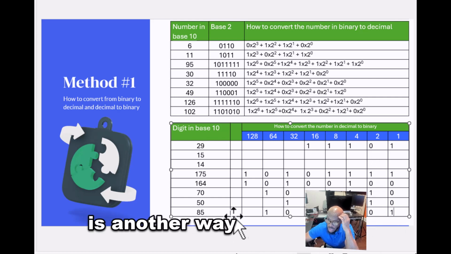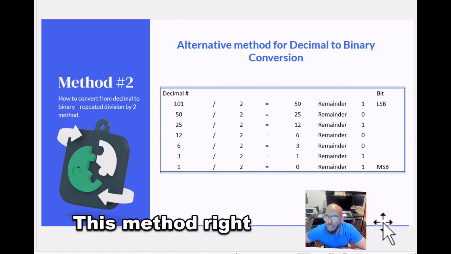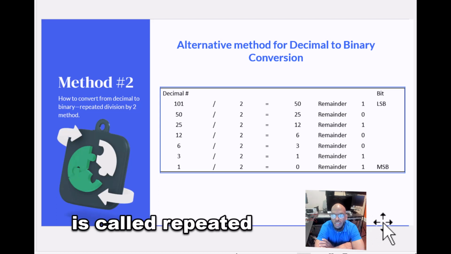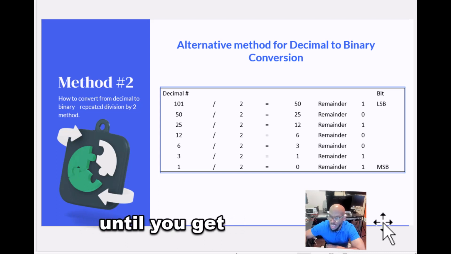So now there is another way of doing this also. So let's look at the other way. This method right here is called repeated division by 2. What this one does is you take the decimal number and divide by 2 and keep dividing by 2 until you get to 0.